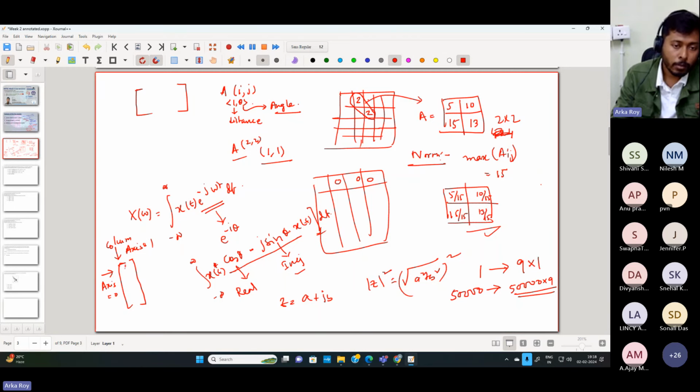That means if you have a value A1, then you are concatenating it in the row. That means next value will be appended over here, A2, next value will be appended over here, A3, next value will be appended over here, A4, like that. That means column is fixed. In the row, one by one, you are keeping the values one after another. So that is what we are doing over here.